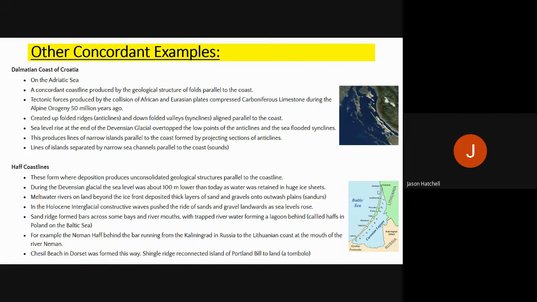And this is the Nerman Half, and that connects Lithuania to Russia. And so what's happened is deposition over time, interglacial and glacial periods too, have contributed to the amount of sediment that's being deposited in this area, and that's connected the Lithuanian coastline to the Russian coastline through the spit turning into a bar.